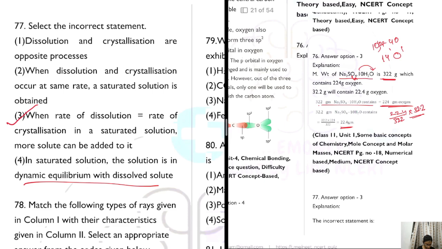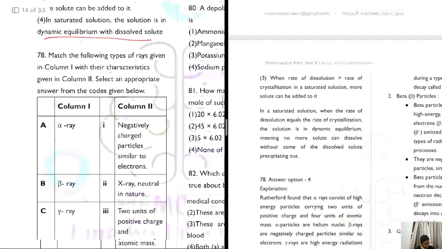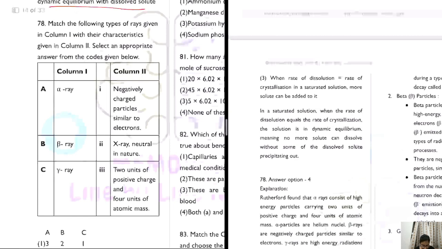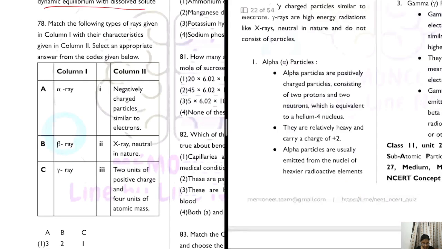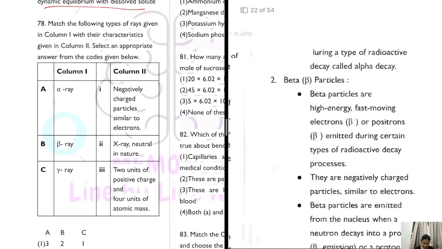We have to again match. Let's see first of all what alpha, beta and gamma particles are. Alpha particles are positively charged particles that consist of two protons and two neutrons, equivalent to a helium-4 nucleus with a charge of +2. They are usually emitted from the nuclei of heavier radioactive elements.